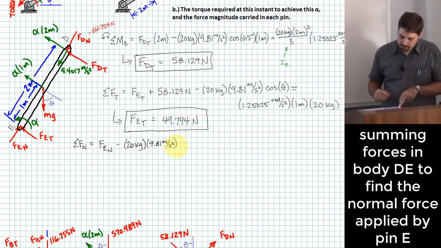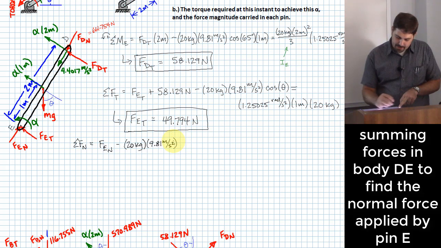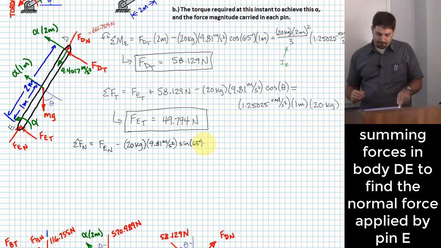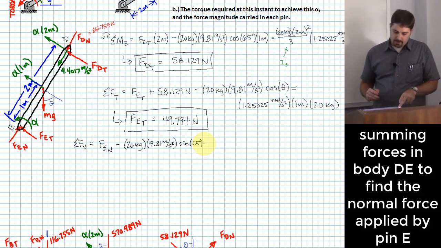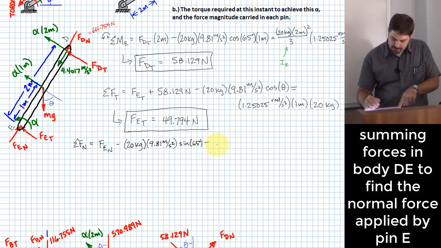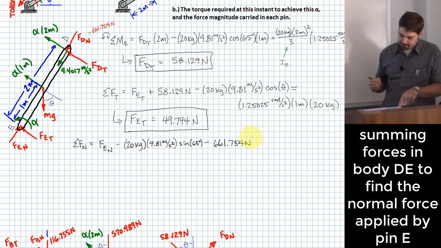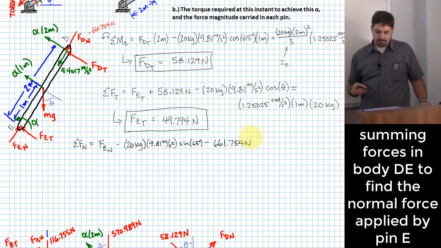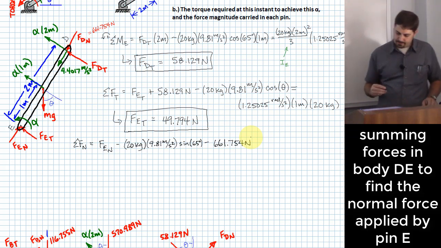To get just the component that points along that normal orientation, I need to multiply by the sine of 65 degrees. What else? Now I have a minus FDN, and FDN was 661.754 newtons. And what does this equal?